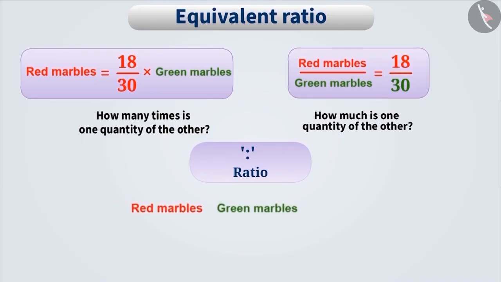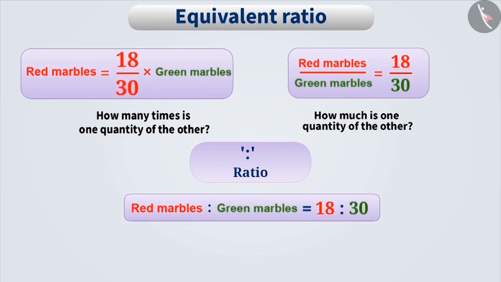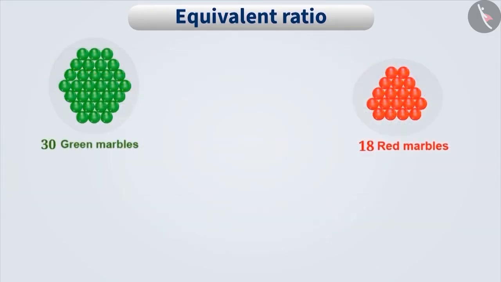For example, here the ratio of the number of red marbles to the number of green marbles is 18:30. This shows that the number of red marbles is 18 by 30 times of the number of green marbles. We can also express this comparison in reverse.